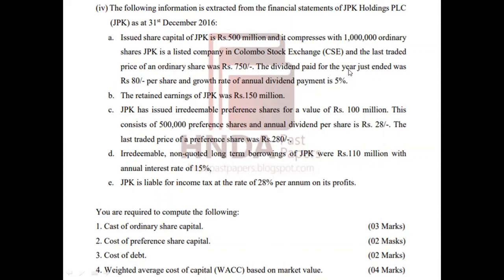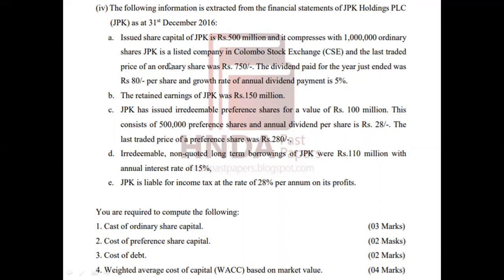Dividend paid for the year just ended was 80 per share, and the growth rate of annual dividend payment is 5%. So as they are going to adopt the 5% growth rate here, definitely the cost of capital of ordinary shares needs to be calculated using the dividend growth model.